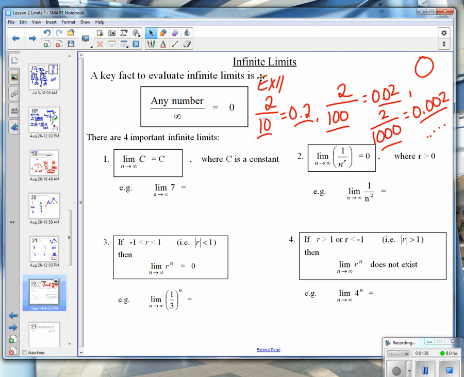It's saying the limit as n is approaching infinity of c, and remember c is a constant, is c. Now this makes sense. We've already talked about this. If our constant is 7, remember how we were saying in another lesson that this is going to be a straight line, where every single point is equal to 7.